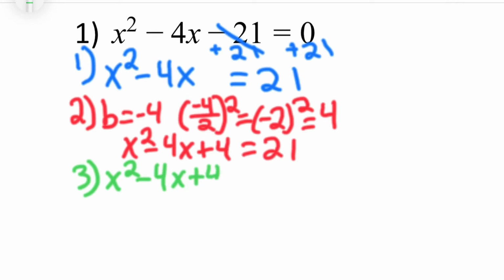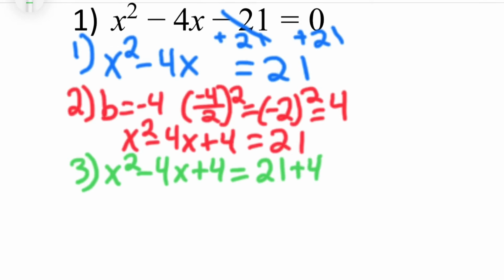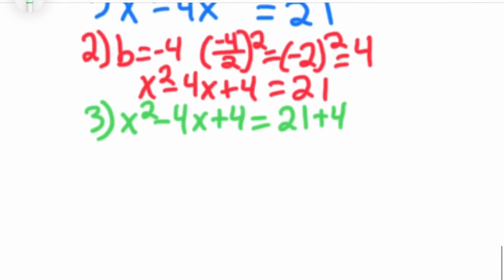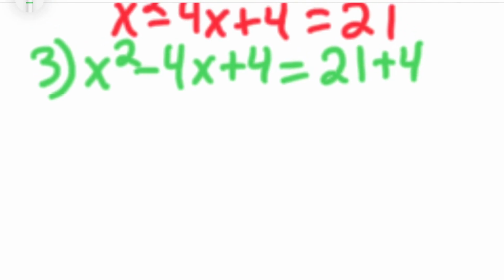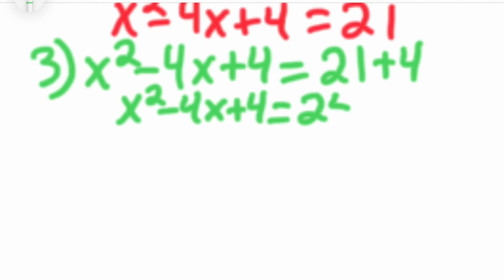So x squared minus 4x plus 4 equals 21 plus 4. So at the end of step 3, our equation looks like this. x squared minus 4x plus 4 equals 25.